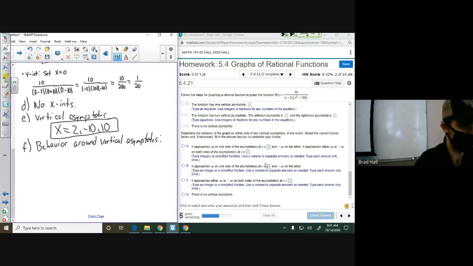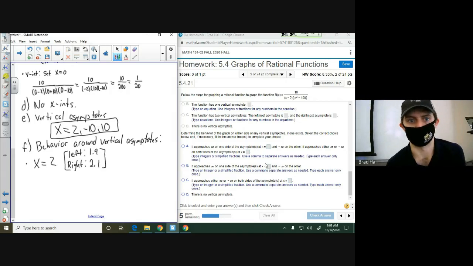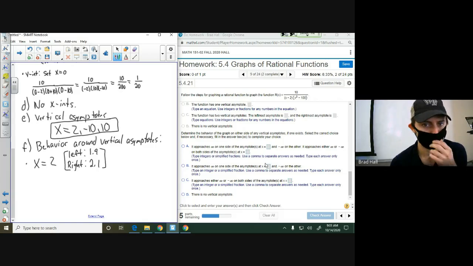So the first asymptote we found, the vertical asymptote, was x is equal to 2, which means to the left of 2, we would have to pick 1.9, and to the right, we'd have to pick 2.1. Those would be the numbers that we would plug in for x.